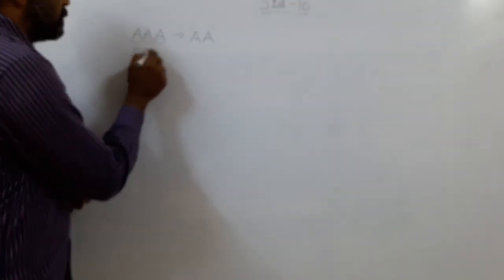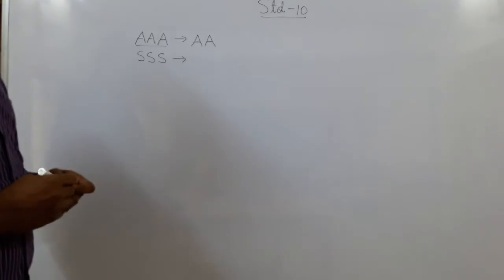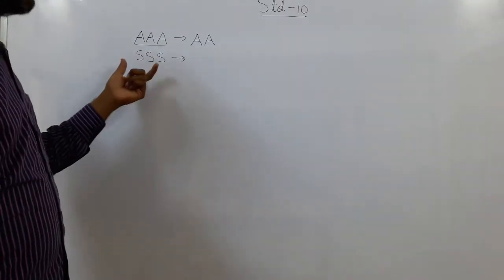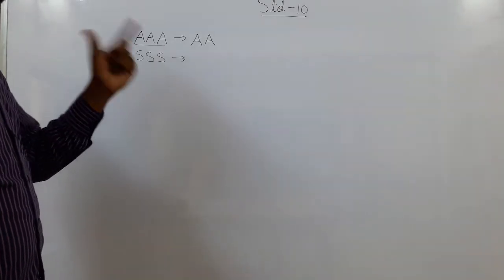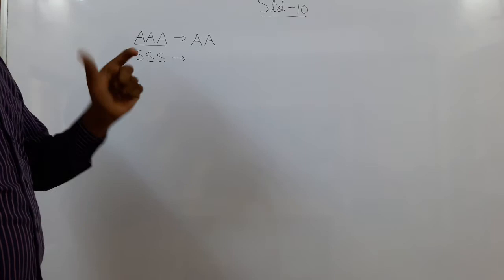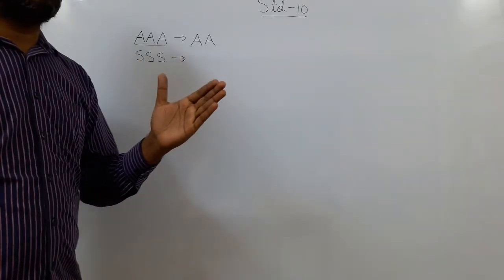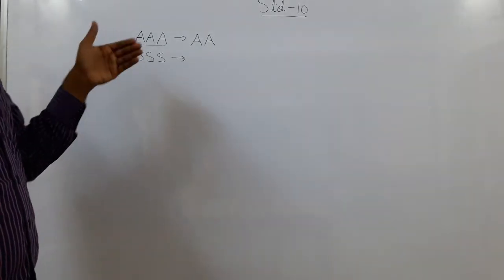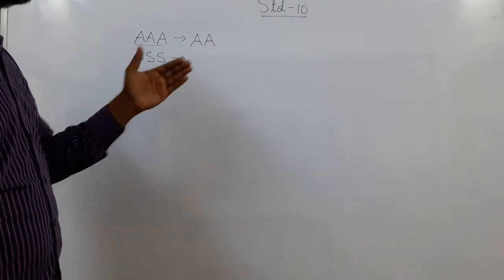Then SSS. Now remember, this SSS is different from the SSS of congruency. In congruency, the corresponding sides have to be equal. In similarity, the corresponding sides have to be in the same ratio. For example, triangle ABC and triangle PQR are similar when AB upon PQ equals BC upon QR equals AC upon PR.